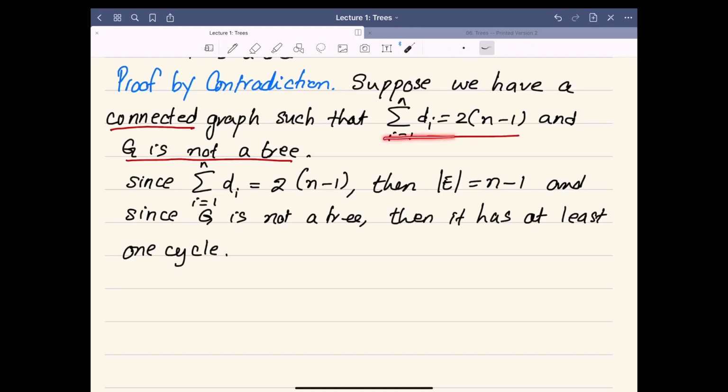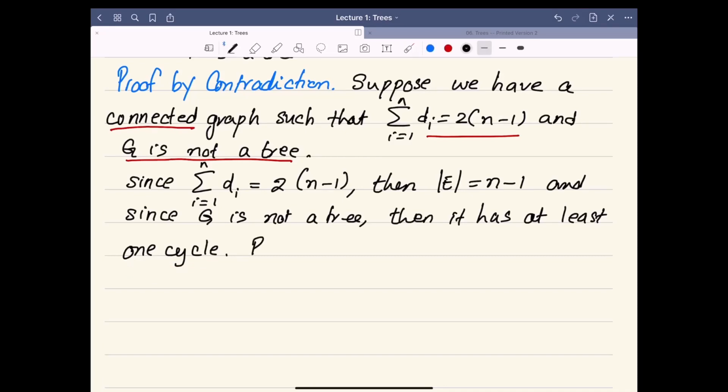So this is given to us now, and remember that the sum of the degrees is equal twice the number of edges. By matching, we see that this is the number of edges, so the number of edges of G is n minus 1. Also, it is mentioned here that G is not a tree, and since it is not a tree and connected, the only way that makes G not a tree is that it has one cycle.